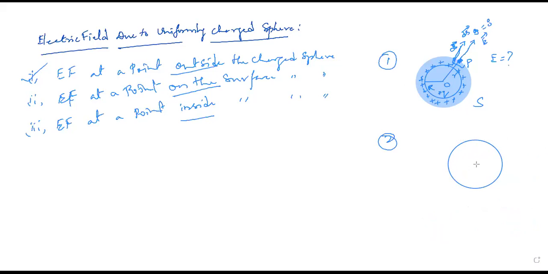From the center, already I have taken the radius with respect to this sphere, this is capital R. This is the center of the sphere, and this is the radius, and the charge present on it is plus Q. It is uniformly distributed.